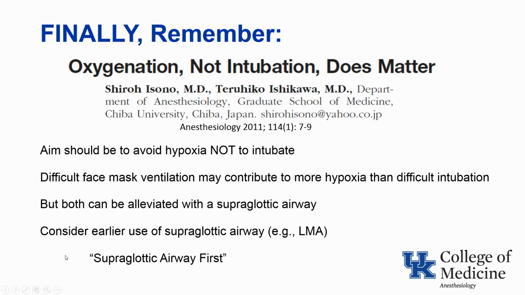The aim should be to avoid hypoxia, not to intubate. Therefore, both of these can often be alleviated by a supraglottic airway. And the early use of a supraglottic airway should be considered before pursuing other approaches at intubation.